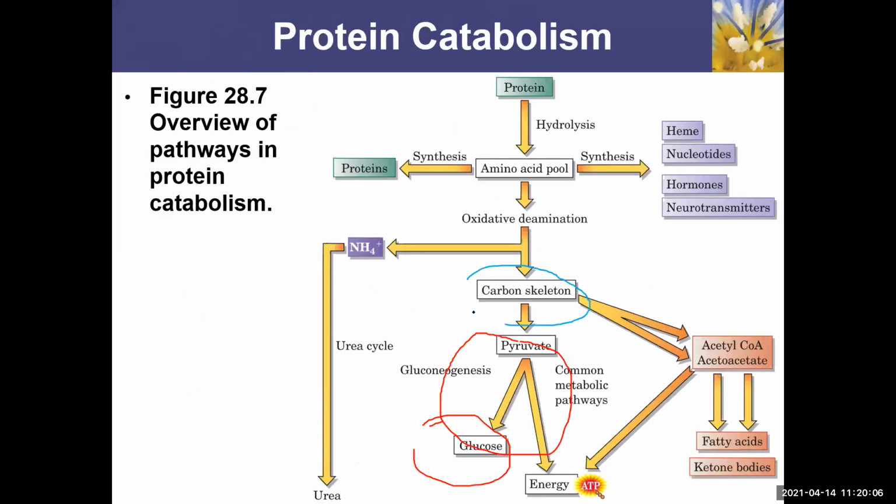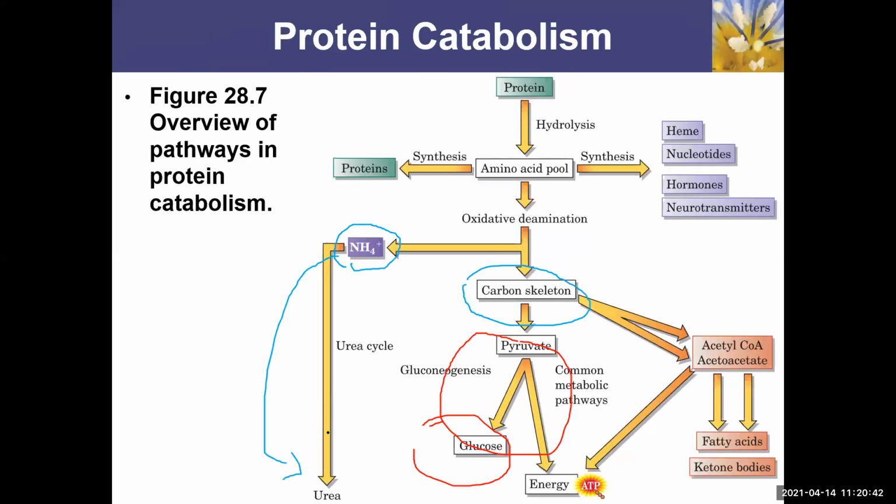This carbon skeleton can be used to produce glucose by the process called gluconeogenesis, or it can also be used to form acetyl CoA to generate energy, to generate fatty acids or the ketone bodies, right? And then we also said that the ammonium ion is removed and converted into urea, which we discussed right now.